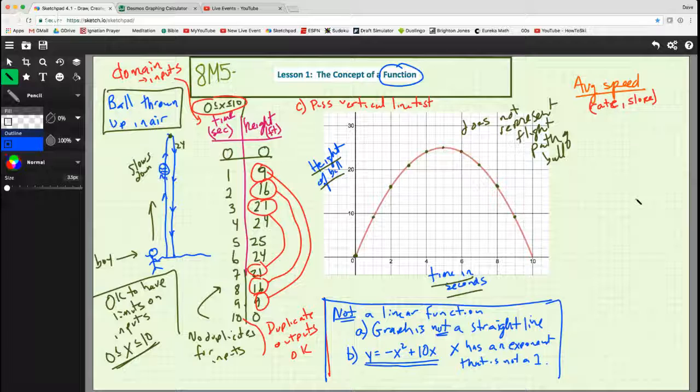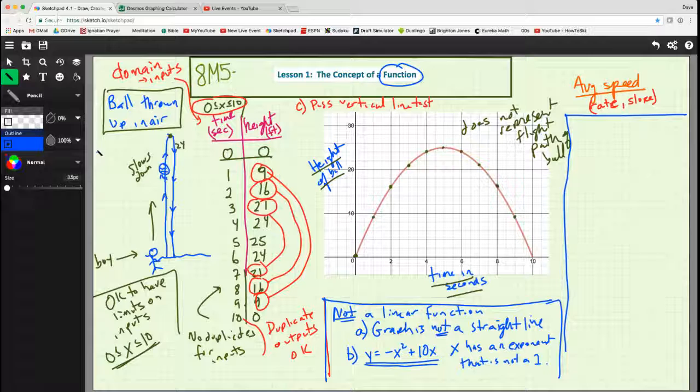Okay, let's just take a break, take a breath, and I'm going to do one last thing over here on the right. So now this ball is not flying at a constant speed, right? Because it's fast down here and it slows down and then it speeds up and starts coming down.